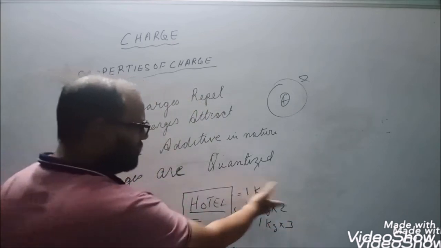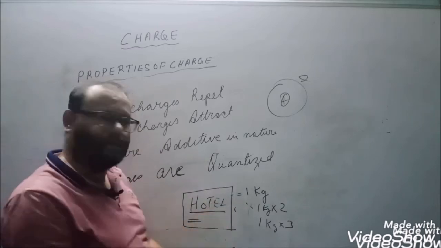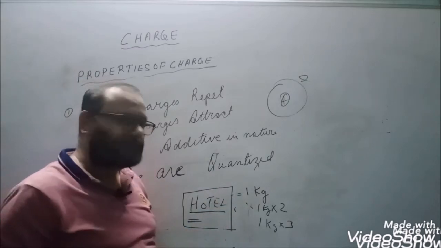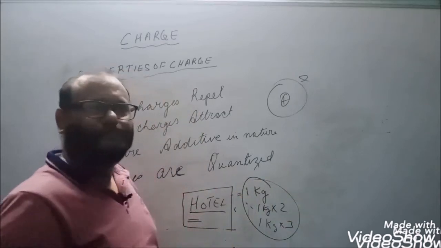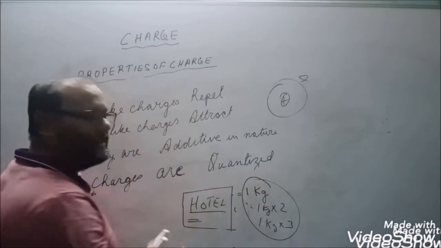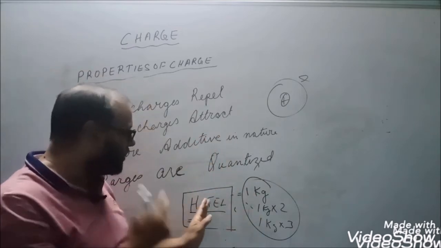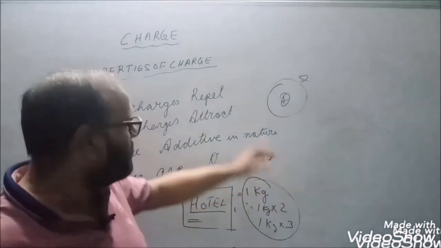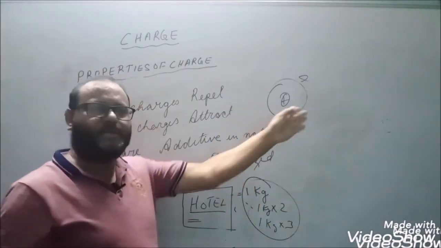If you want 1000 kg, yes, take 1000 packets. But if I go and ask him for half a kg, sorry, we can't give it. So it is quantized. The hotel has quantized the quantity. The minimum that you can buy from this hotel is how much? 1 kg. Same case when we talk about an extended object: the minimum charge that you can remove is how much?